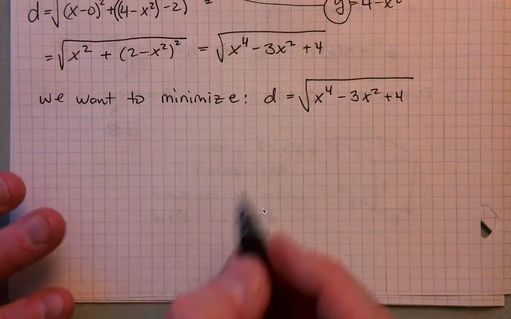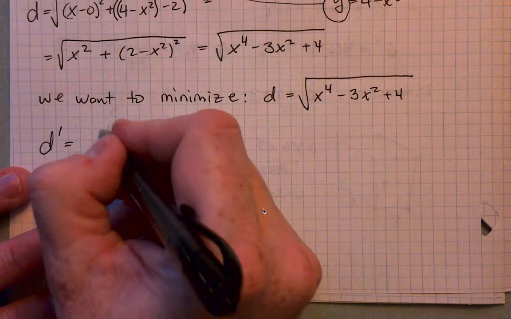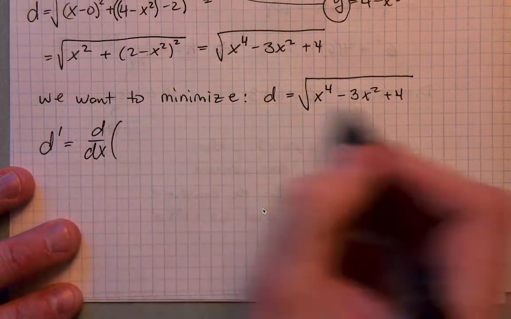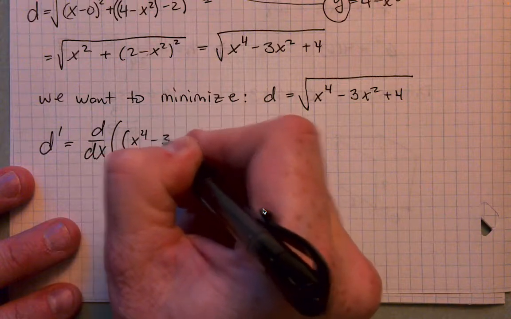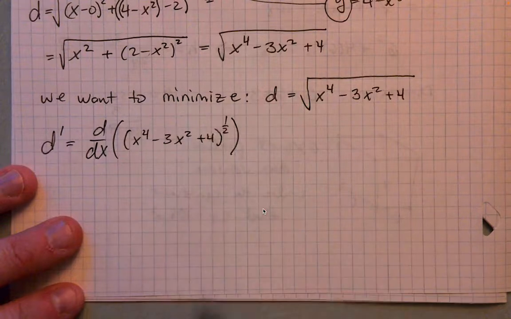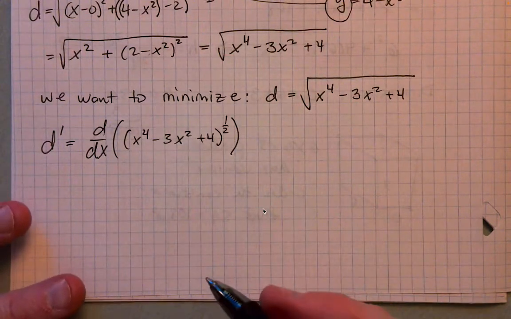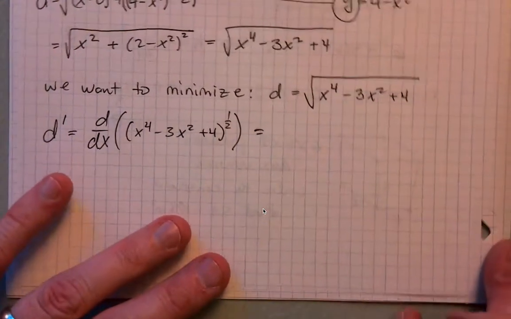Okay, so we're going to need the derivative, aren't we? So let's calculate d prime. I'm going to write d prime, and that's d/dx of this, which I'm going to write as x to the 4th minus 3x squared plus 4, to the 1/2 power, like so. And we can differentiate this. This is going to require the chain rule, but we can do that no problem by now.